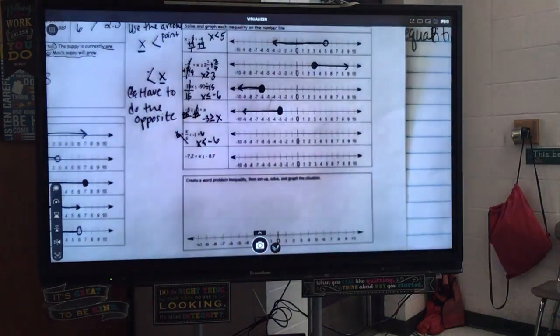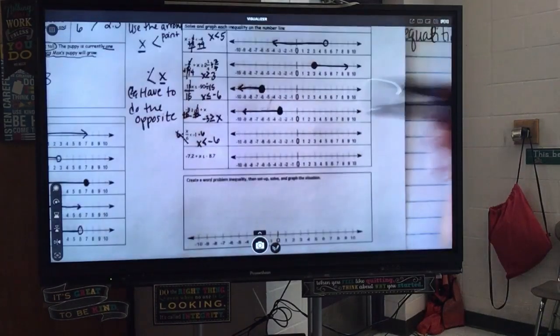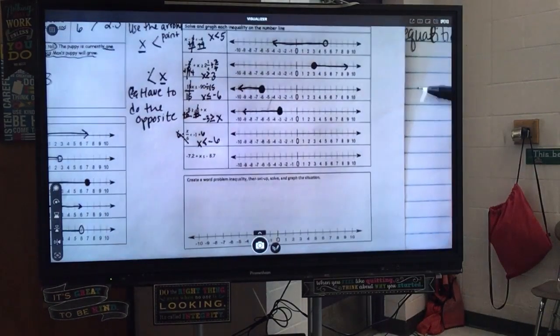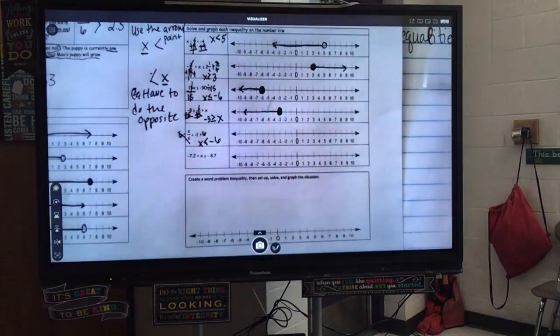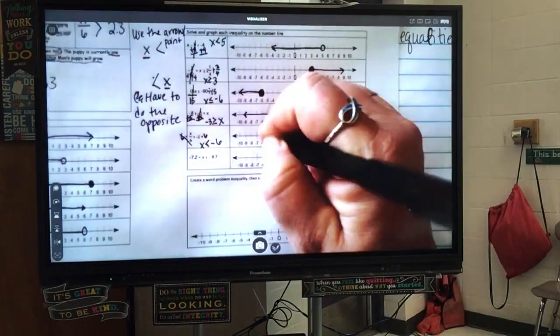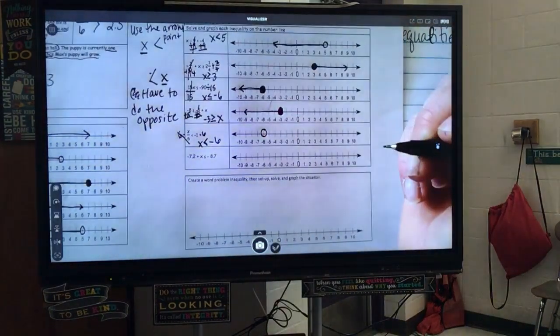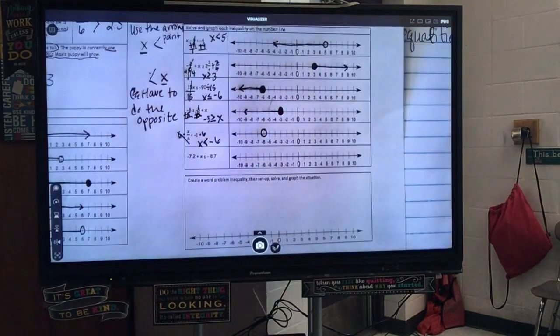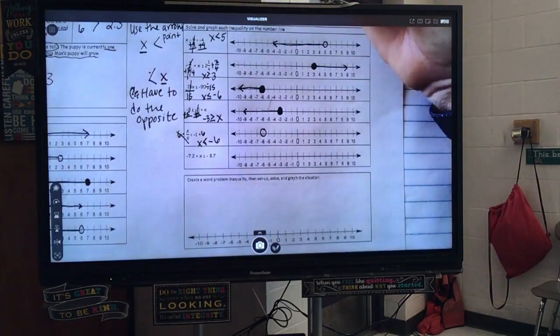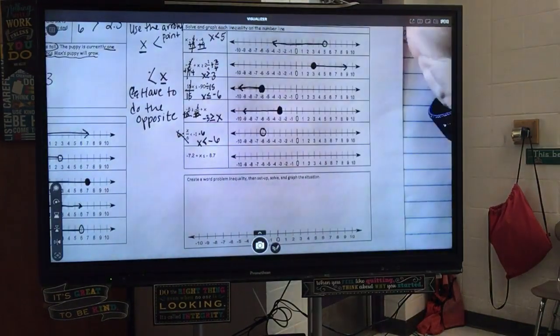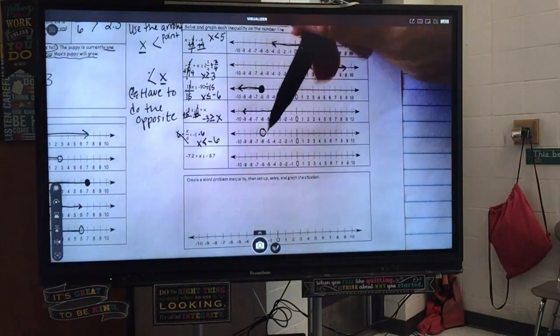Alright. Alexa, where am I putting my circle? Is it open or closed? And why do you know it's open? Okay, and then which direction is it going, to the right or to the left? To the right, so is negative 5 less than negative 6?